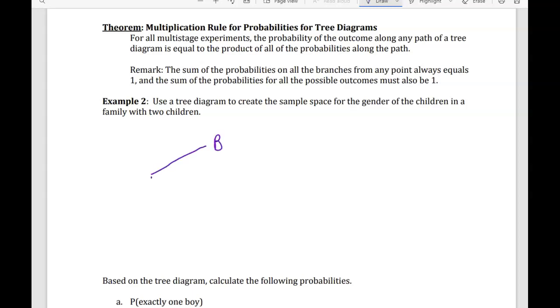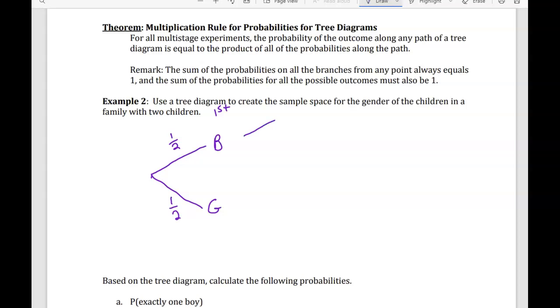So we have 1 child, and it can be a boy or a girl. This is our first child. Theoretically, the probability of getting a boy on the first child is 1/2, and getting a girl is 1/2.